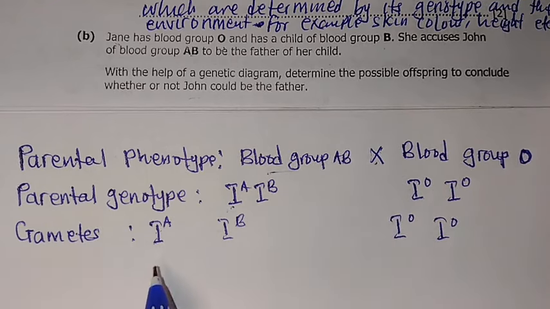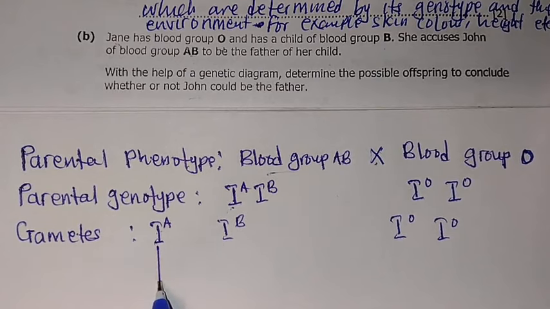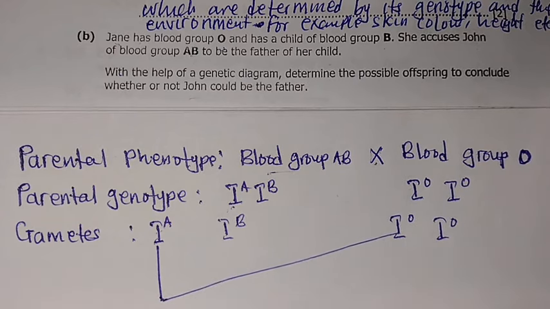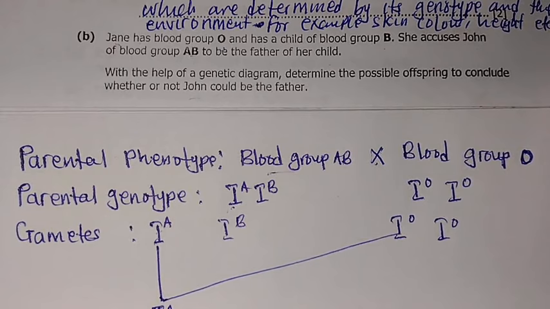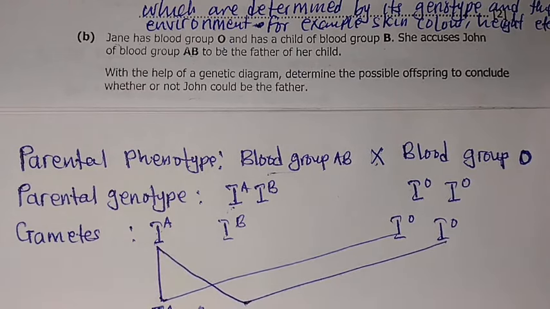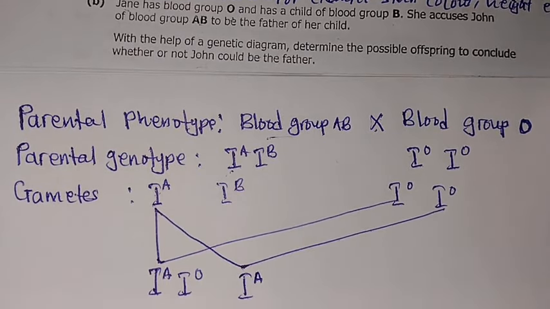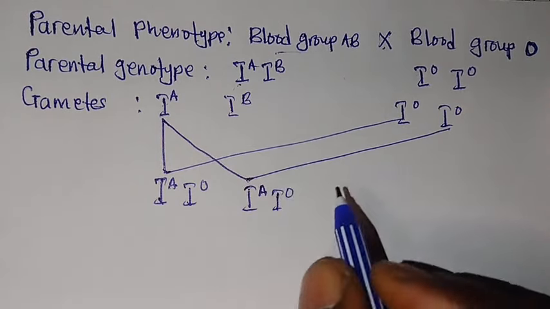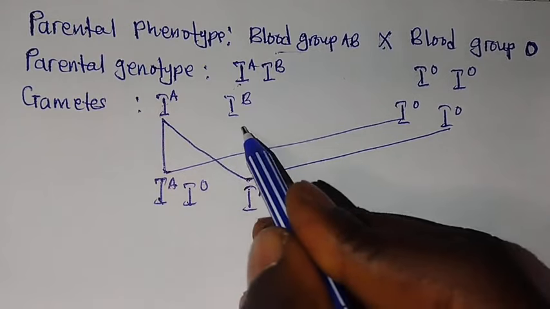So from here we are going to start crossing. So cross like this. I'm going to have A, O, then this and this are going to have A, O, and this one is having O. So we are done. We come to this one.